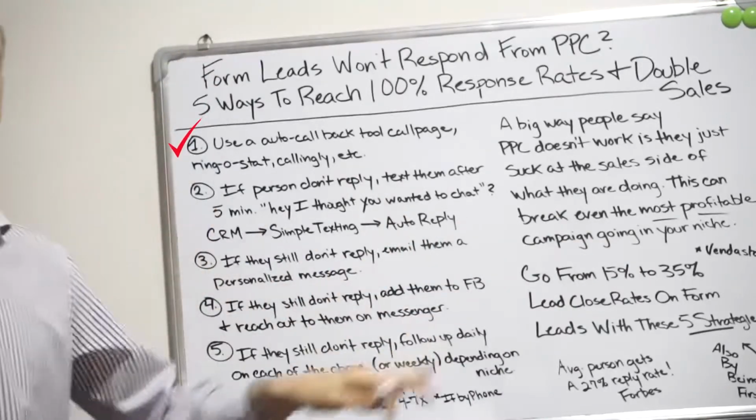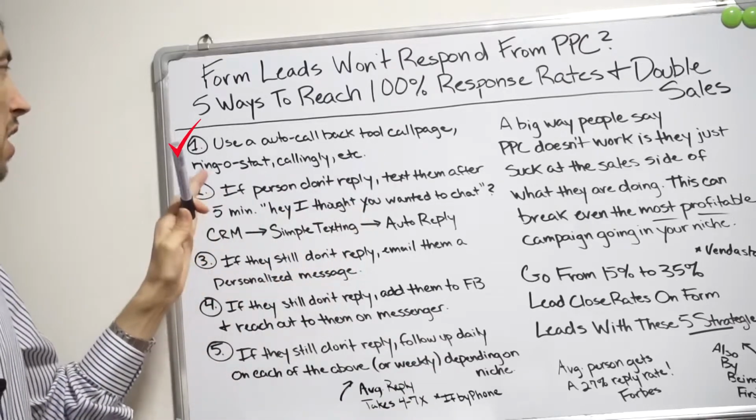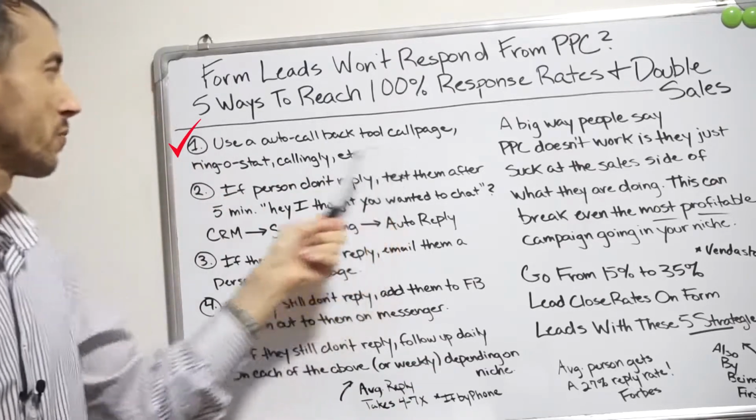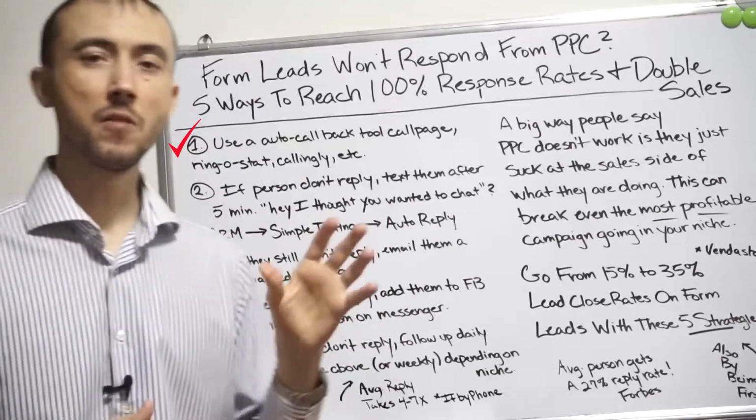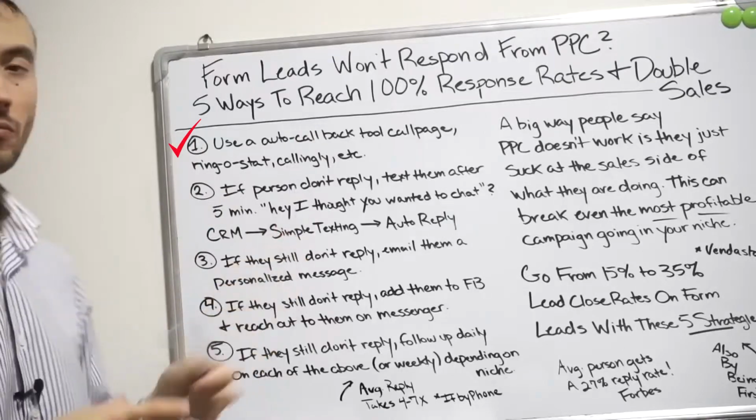But anyway, with all that said, the first thing is you use an auto callback tool. There's callback tools, and there's a few of these. Essentially, CallPage, Ringostat, Callingly, these tools.